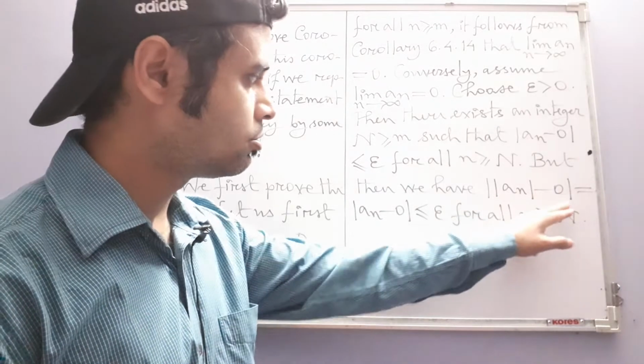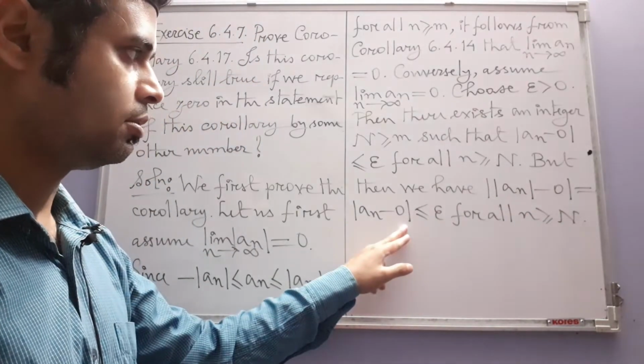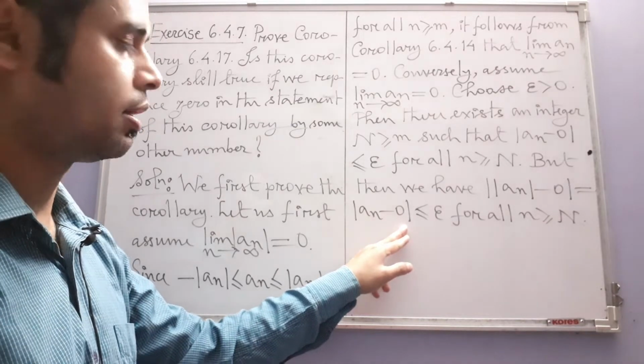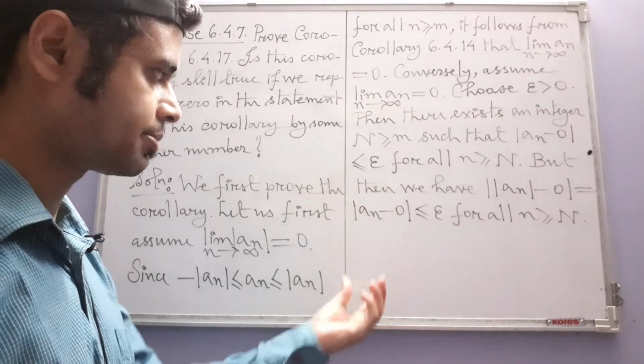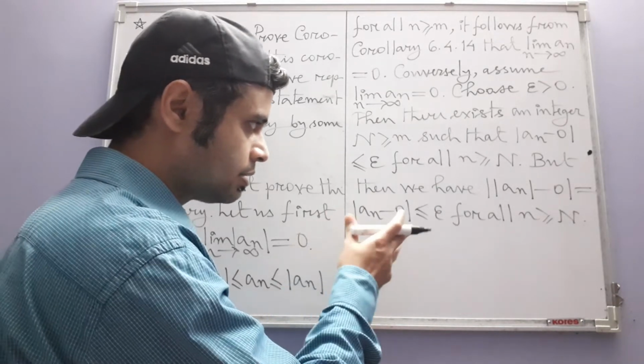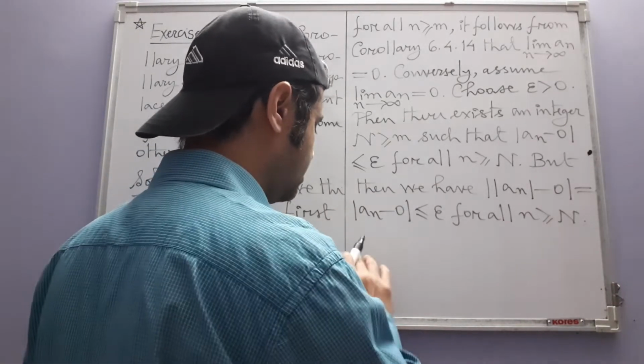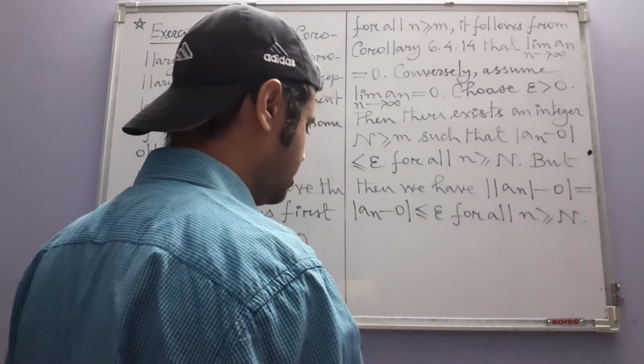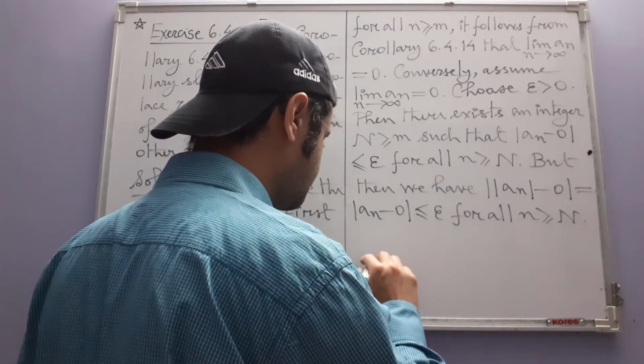Note that these two real numbers are actually equal and both of them are equal to the absolute value of a_n. In general, in this type of situations, there is one general inequality that one can use.